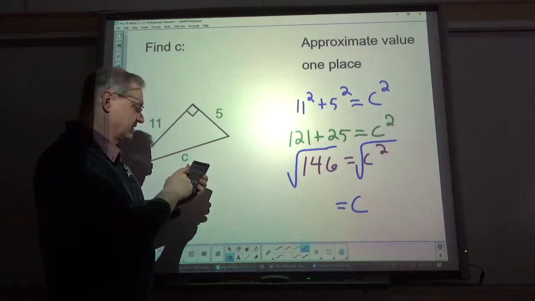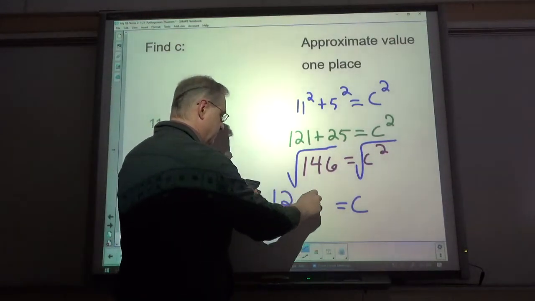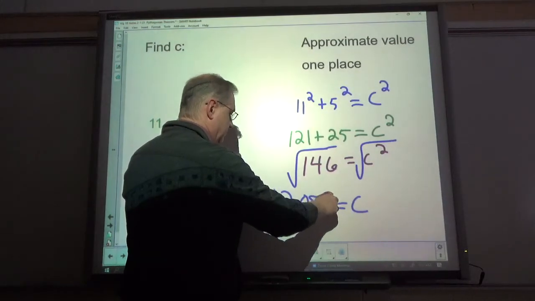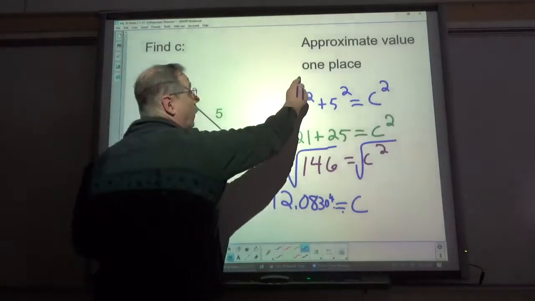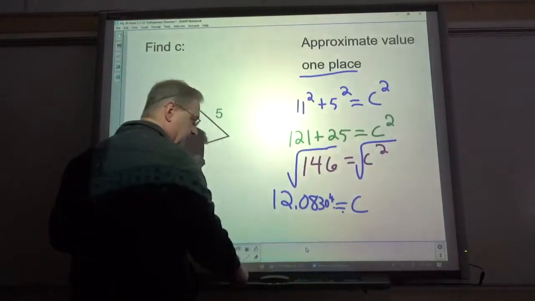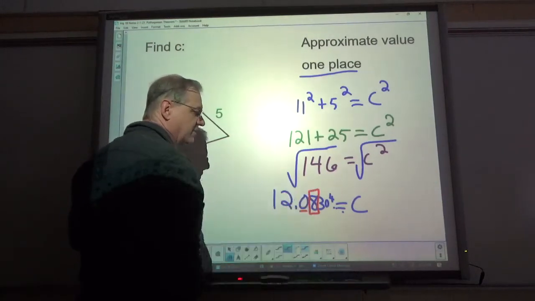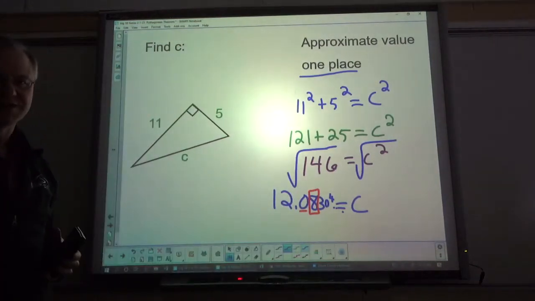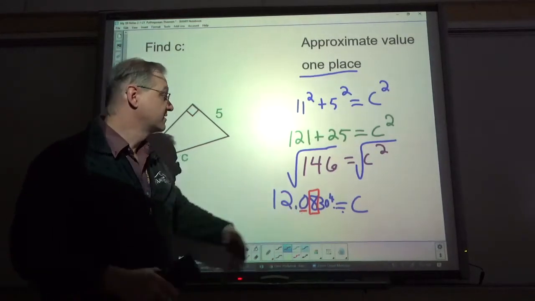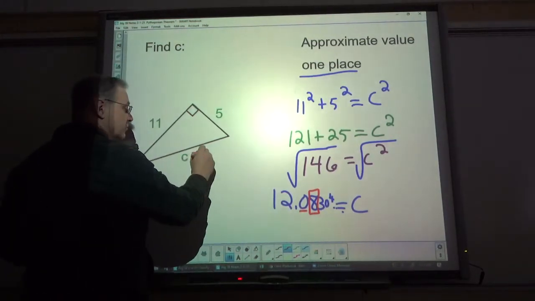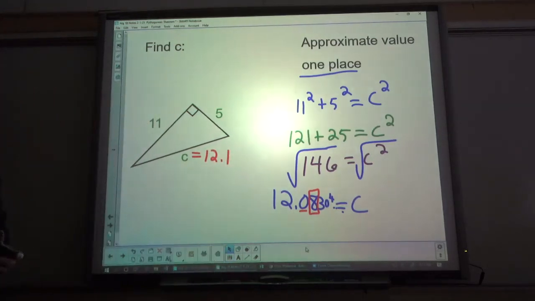So 146, and I'm square rooting it. 12.08304, right? Keeps going. Now, I say one decimal place in this particular problem. So I'm looking at the 0, and I'm deciding whether the 0 is going to go up or stay the same. The 8 is 5 or bigger, so that makes this go up by 1. So 12.1 is the answer in this case.